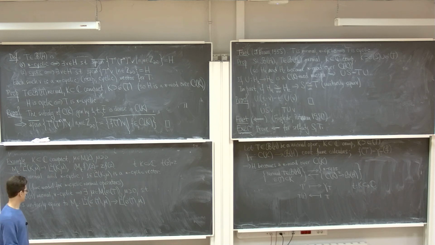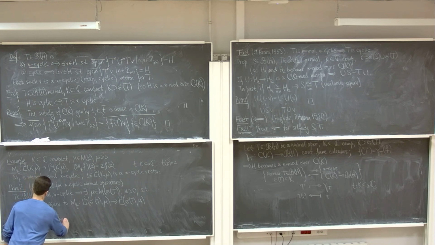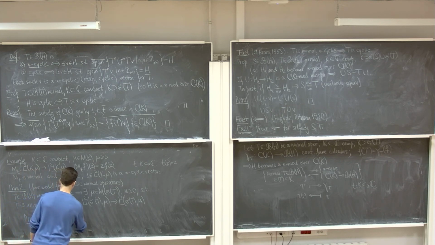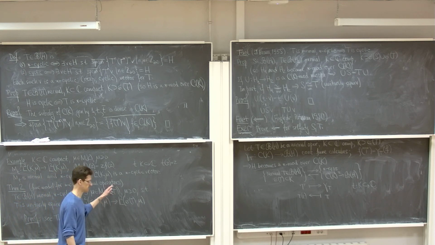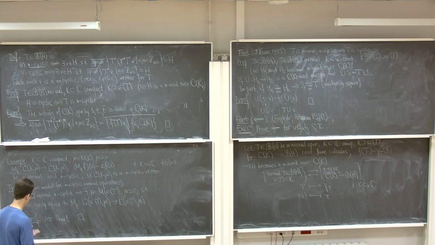So in view of our previous results, this theorem is just a special case of Theorem One. Namely, we take our operator T, we consider the continuous functional calculus for T, which equips H with a star module structure over the algebra of continuous functions on the spectrum. By the first proposition, the respective module will be cyclic.